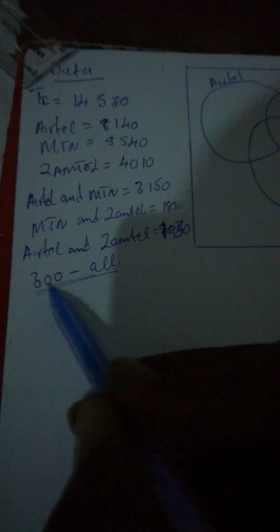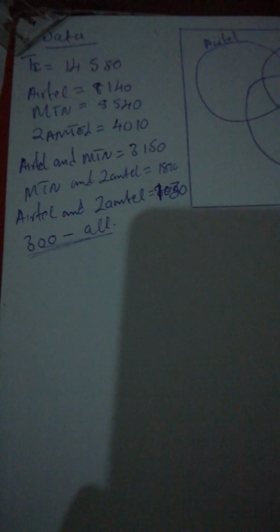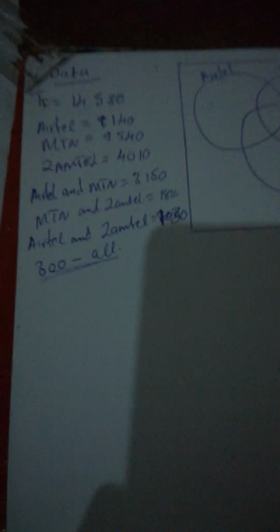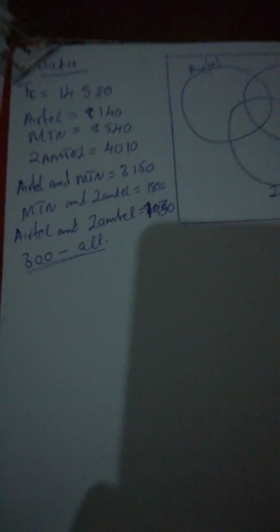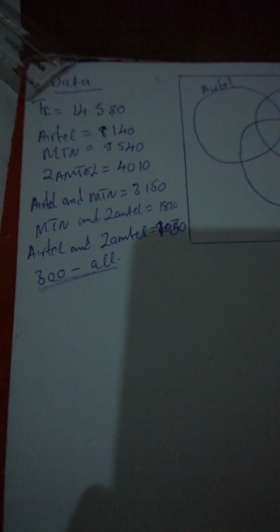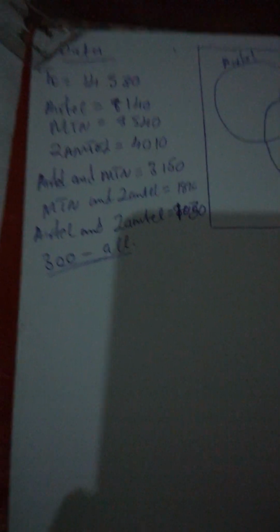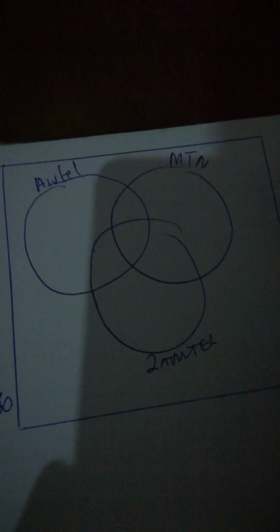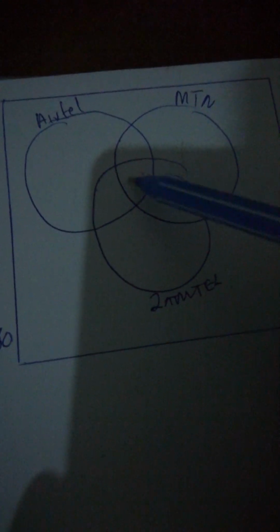So the key thing here now is what we're going to start with. You must know that whenever you see "and", it means an intersection. The information that we have is that 300 preferred all the 3 companies.